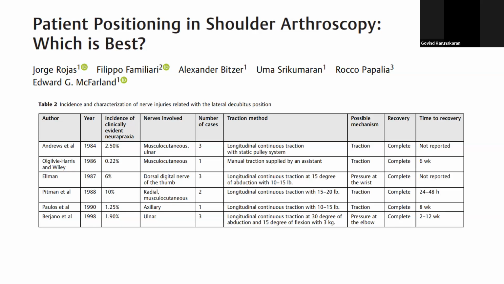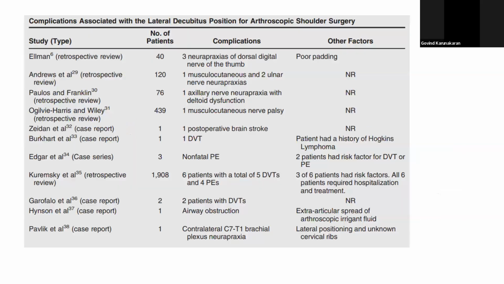That was due to improper padding as well as increased pressure applied, and the increased weight applied for the traction. And among the other complications shown again in the systematic review were neuropraxias of the dorsal digital nerve of the thumb, musculocutaneous nerve and axillary nerve palsies, DTs which developed, and pulmonary embolisms also.